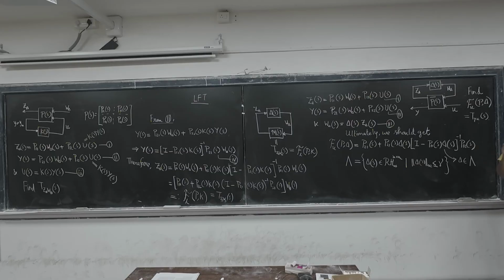So ultimately it is the responsibility of the control designer that after designing the K of S, you plug in the K of S, you find the closed loop system, and then you check the closed loop performance not in the absence of delta, but in the presence of delta. That's why finally we bring the delta into the picture and we close the loop from the upper side. That means P11, P12, P21, P22 are now as if P11 bar, P12 bar, P21 bar, P22 bar.